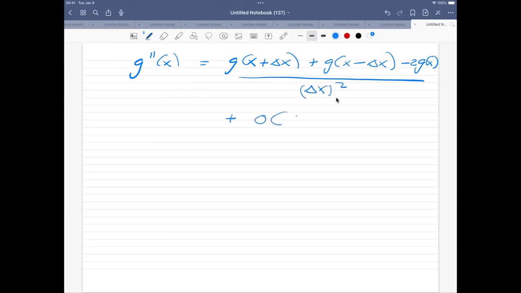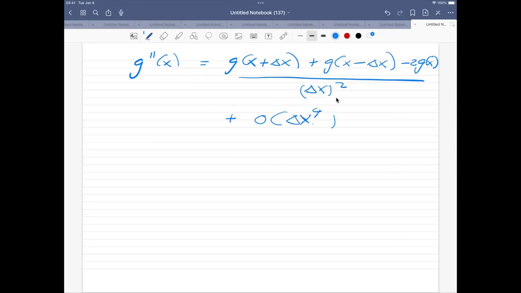These higher order terms go like delta x cubed or higher. Actually, they appear as delta x to the power of 4, because when we manipulate these two Taylor expansions, we get rid of all the odd terms. So in principle, this one should actually go like delta x to the power of 4. So this is the error which we are going to make.